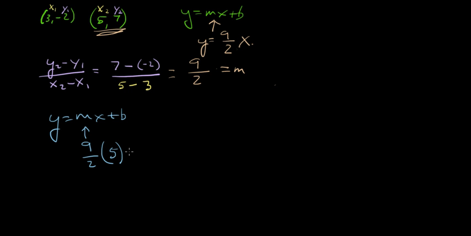And the important thing is to remember I have to use that with this y, because this is an ordered pair. These two go together. If I were going to use the other pair, those two would go together. And the y is 7. So 7 equals 9/2 times 5 plus b. 7 equals 5 times 9 is 45 over 2 plus b.